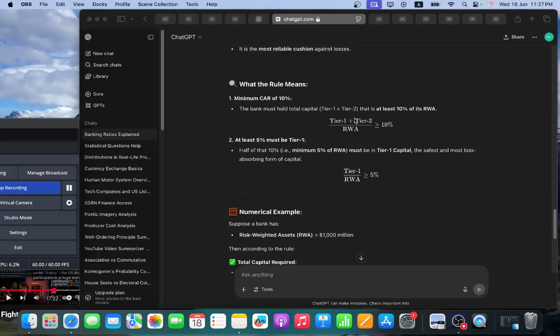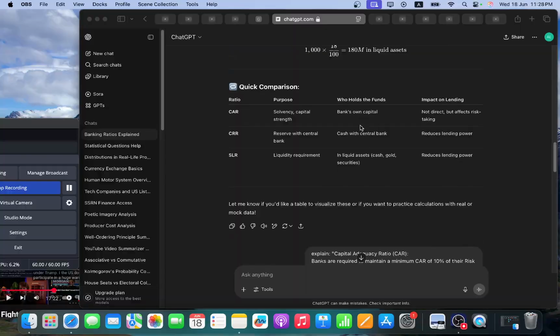If a particular bank wants to keep more in tier 2, they can, but collectively they have to surpass 10%, and tier 1 is basically 5% minimum. So you cannot go 6% here and 4% here. You have to keep at least 5% here. So that is the distinction.